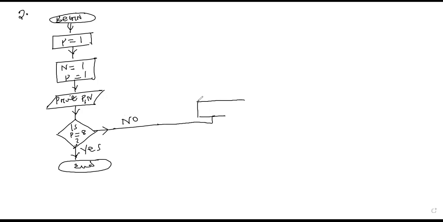You have said that if no, you put P plus 1, M plus 2, while N should be going to N plus M. Then you go back to this step.